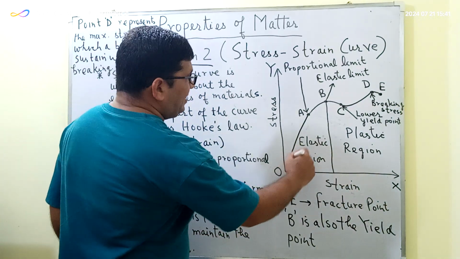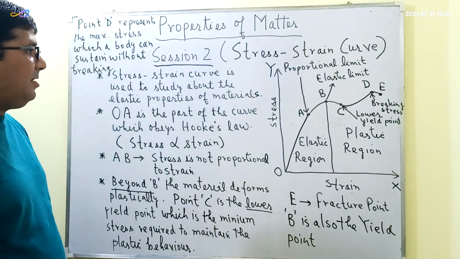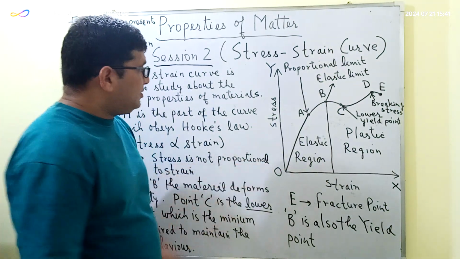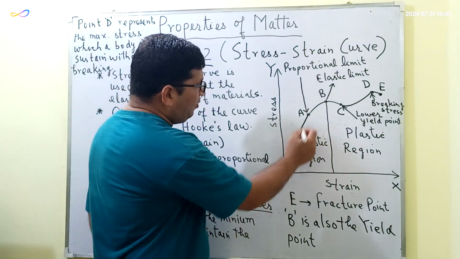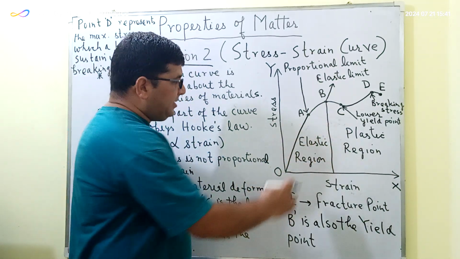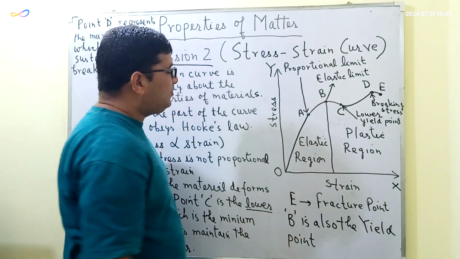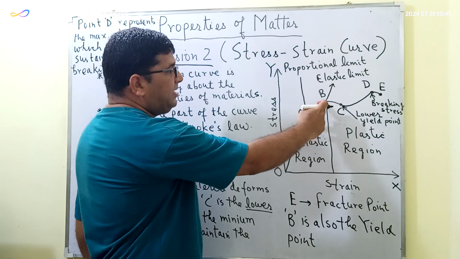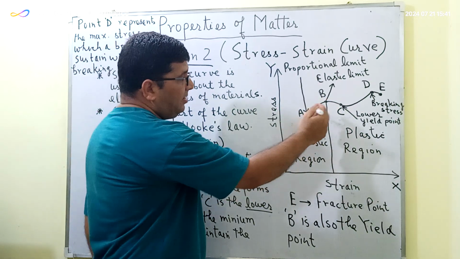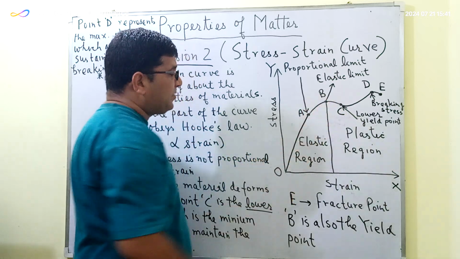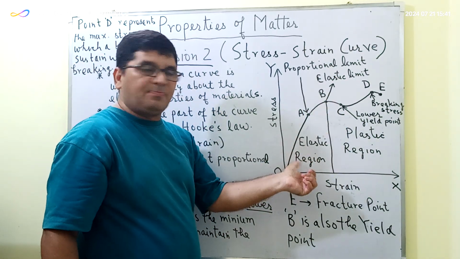So this is a simple stress strain curve of a solid, and the most important points to remember are these. OA is a straight line, and here the material obeys Hooke's law. AB is the part of the curve where the material does not obey Hooke's law, but up to point B, if the stress is removed, the material will regain its original shape and size.